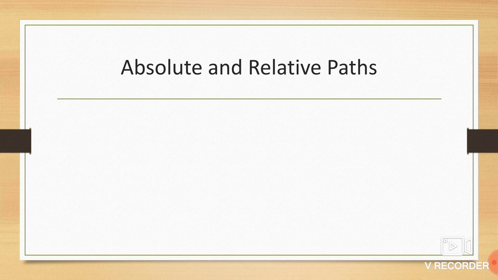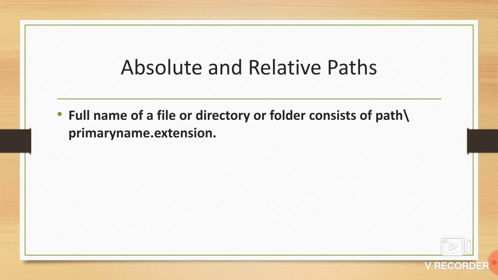Now what is the meaning of absolute and what is the meaning of relative and what is the meaning of path? You know very well what the path is. So first we will start. Full name of a file or directory or folder consists of path, primary name dot extension.